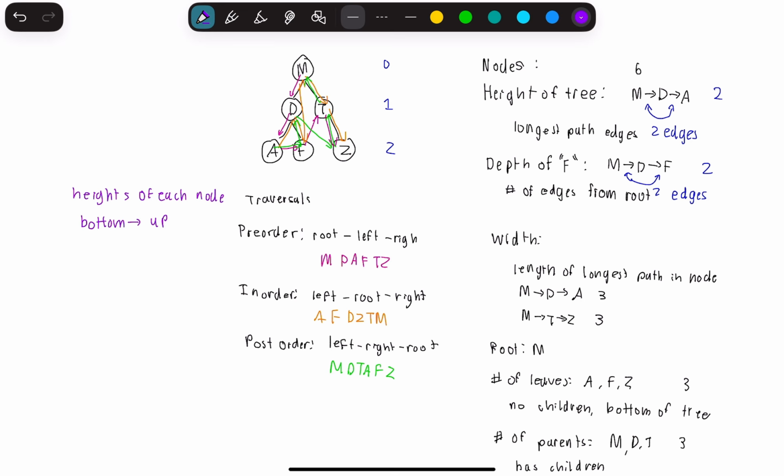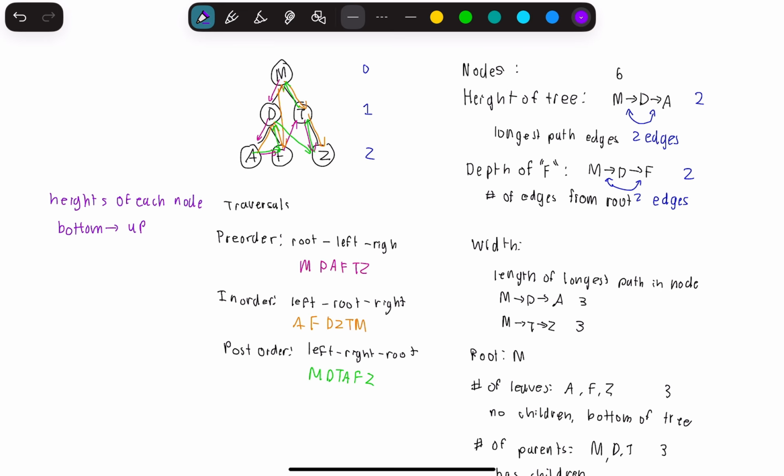So let's first do the leaves, because the leaves are always going to have the same height. So for the leaves, the height is equal to 1 plus max of -1, -1, which is equal to 0. So the height is going to equal 0 for all these three nodes.